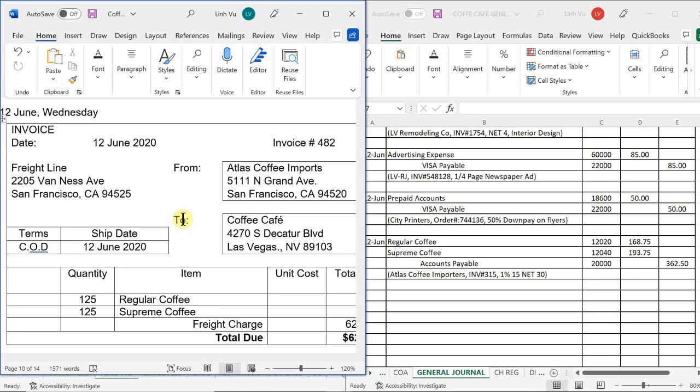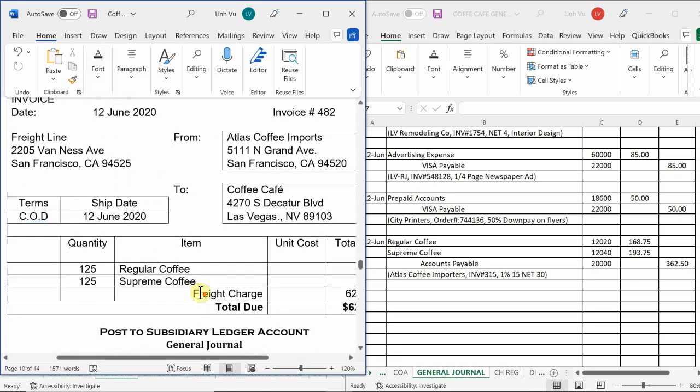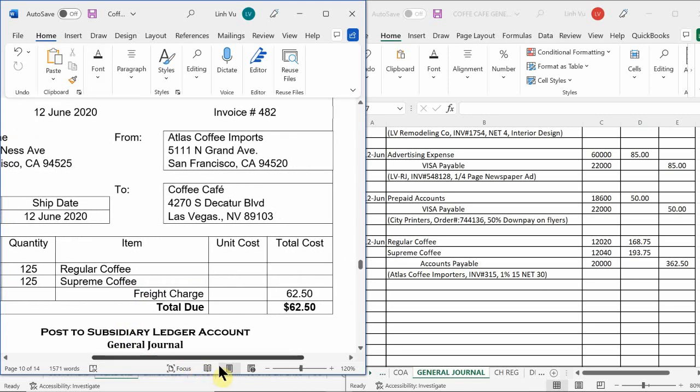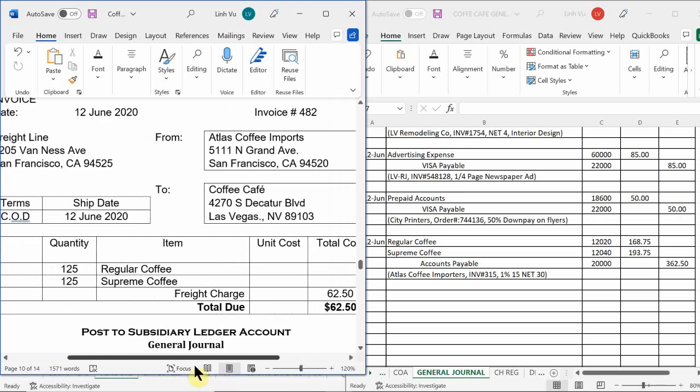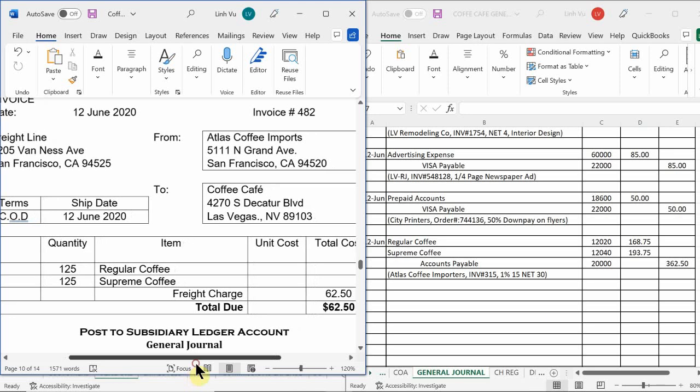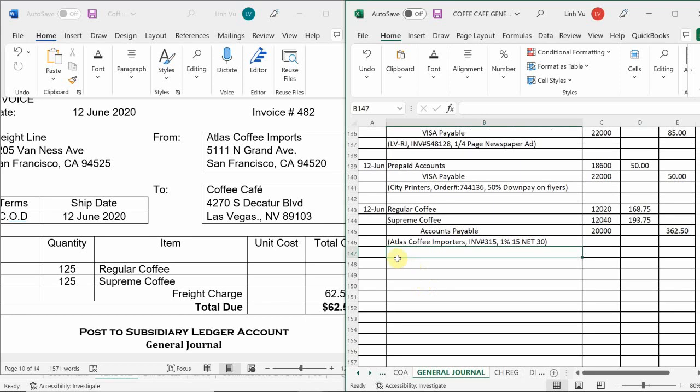Well, you would divide it evenly, 50% to each, because they're both 125 pounds. Right now it's at a grand total of $62.50, so you're going to divide that by 2. How am I going to journalize this? It's perpetual. Is there a shipping expense somewhere?